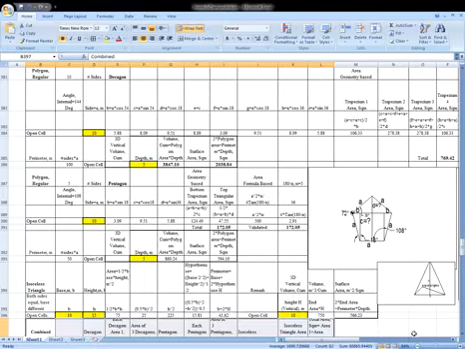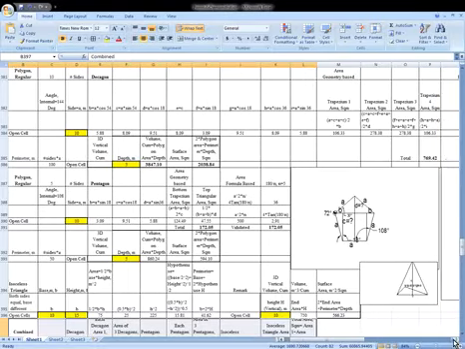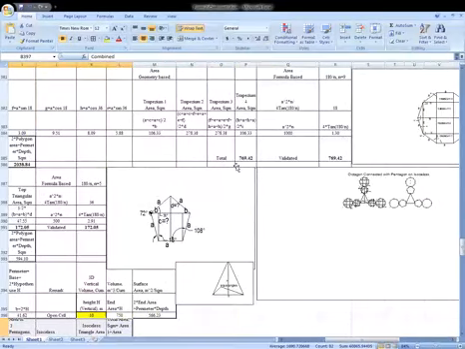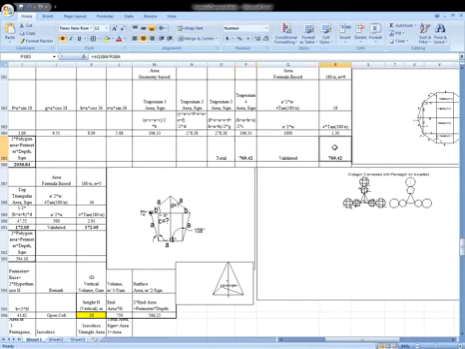We have area and volume here. It's area, and this will be verified here by normal formula, by formula of a polygon.